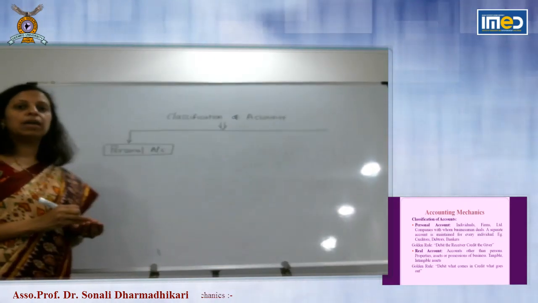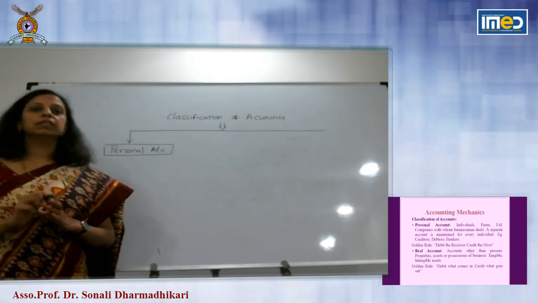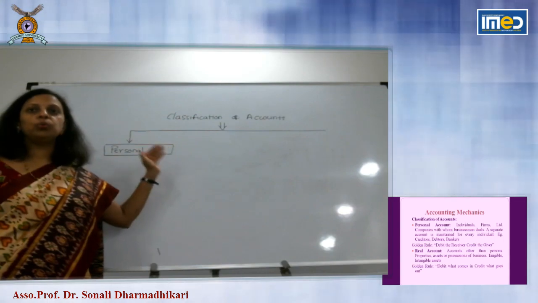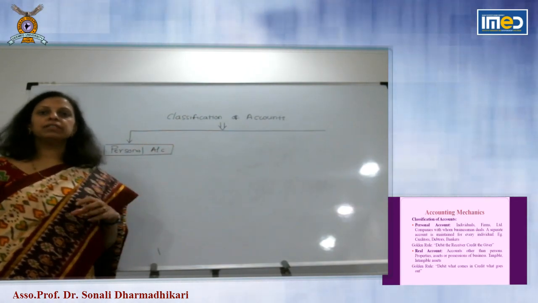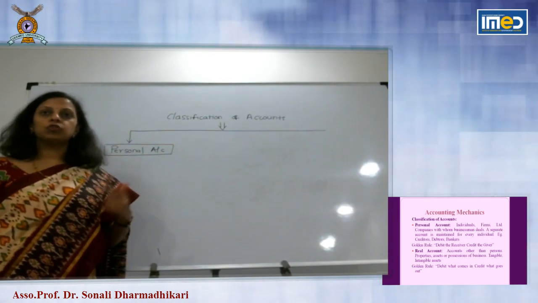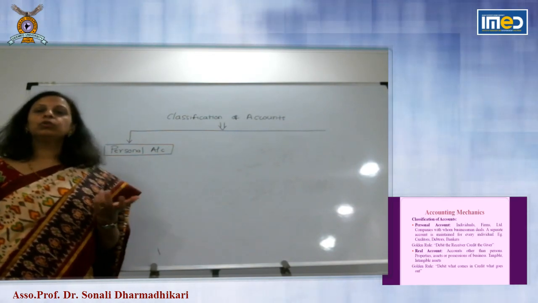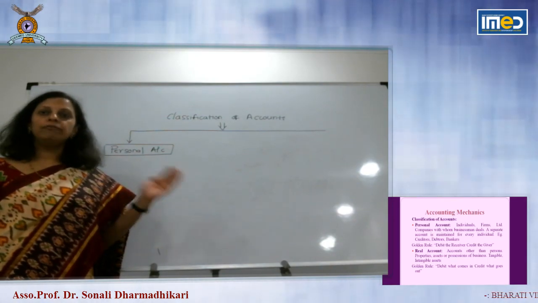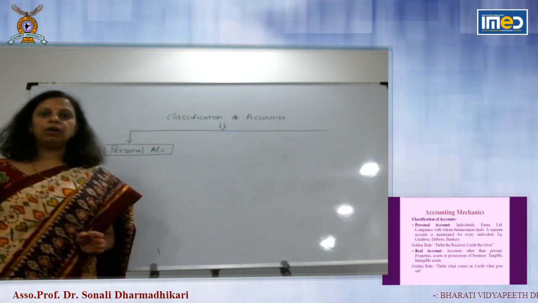The first type of account is the personal account. As the name suggests, it relates to persons. Persons can be individuals, partnership firms, joint stock companies with whom the businessman deals. For every person, a separate account is maintained.